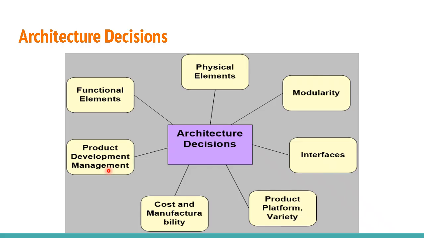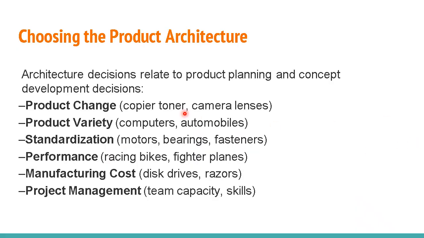That is where the product decisions come in. So, choosing a product architecture: architecture is a design related to product planning and concept development decisions. These include product change, product variety, standardization, performance, manufacturing cost, and project management. Product change examples are copier toners and camera lenses.